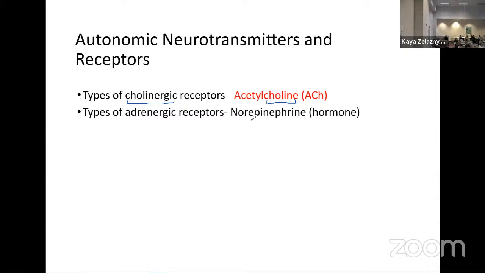And this is where it's helpful to know that epinephrine and adrenaline are synonymous. Norepinephrine and noradrenaline would also be synonymous, which is where we get the word for the receptor from. So adrenergic receptors would be associated with adrenaline or your adrenal glands, which is where the norepinephrine is coming from. Sometimes, some of it.